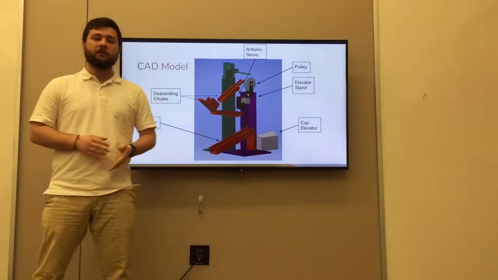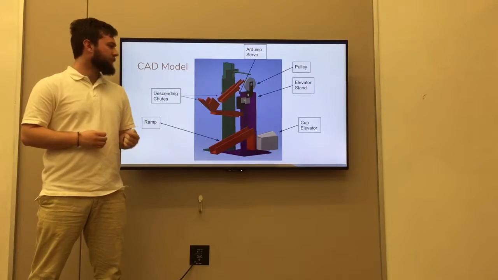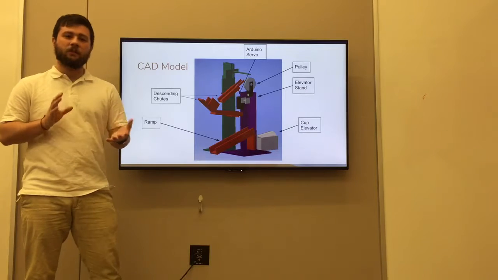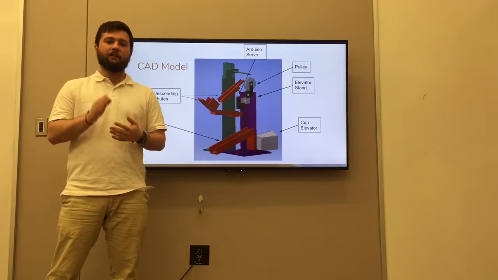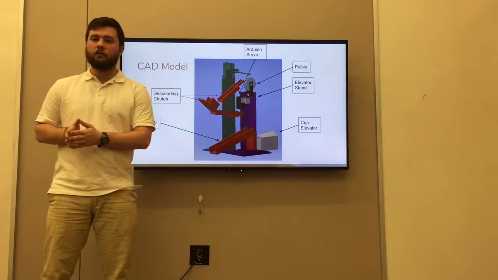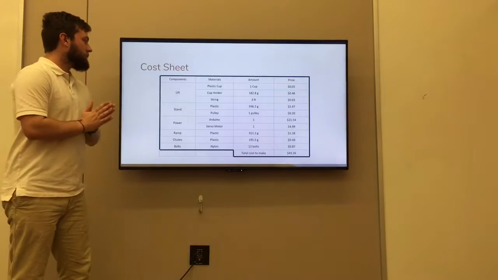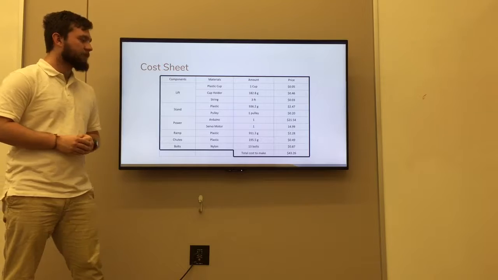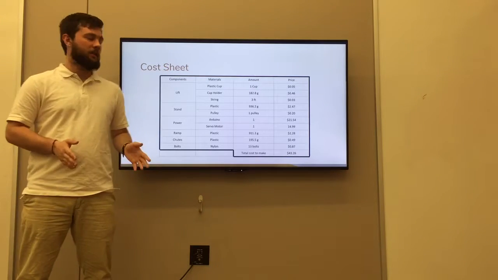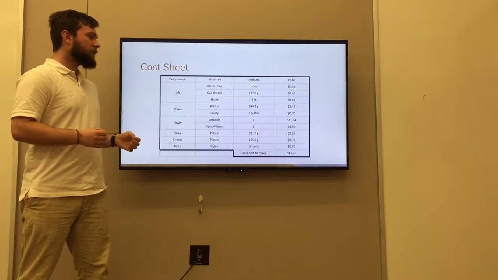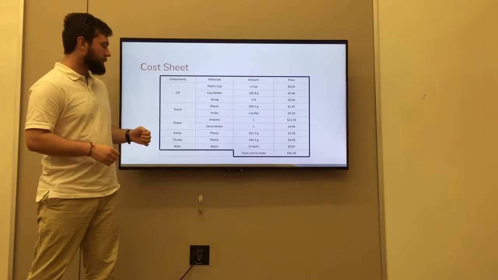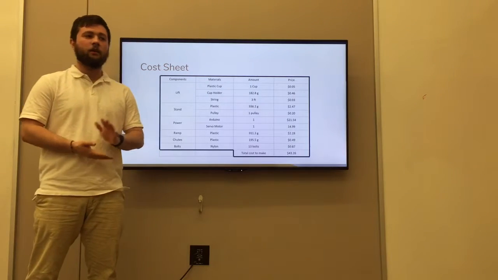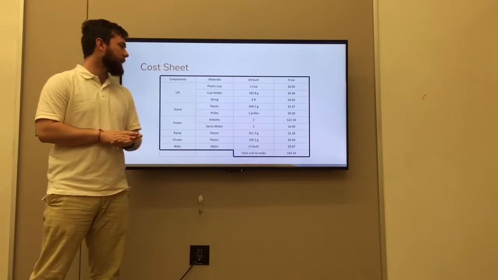This CAD model helped us fully build our prototype, visualize all the concepts, and make sure that we have everything that the customer asked for. Building the prototype, we created a cost sheet of all of the materials that we used in the making of the prototype, but replaced some components and materials with what we would actually be manufacturing with.